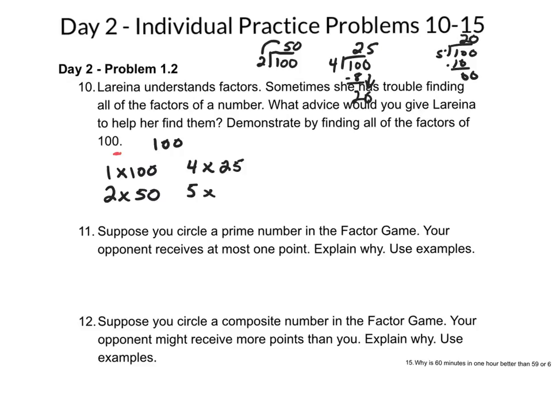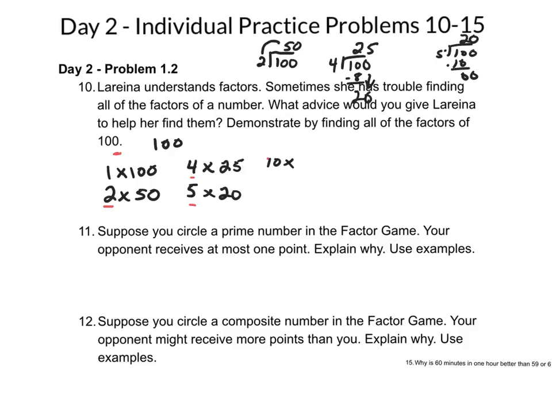So 5 times 20 gives us 100. Then 6, 7, 8, 9, 10. Well, 10. I'm going to underline it, these are important numbers. So 5 times 2 is 10, which means 10 is most likely going to be a factor or divisor of 100.